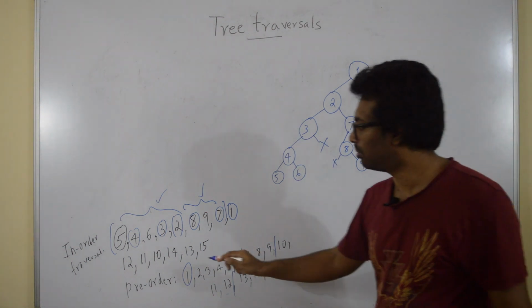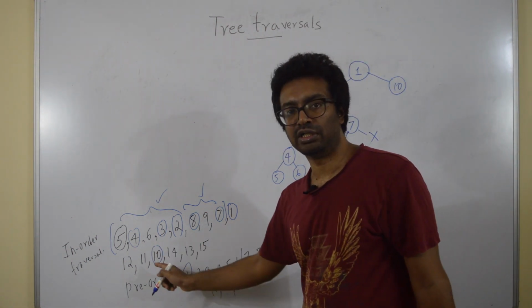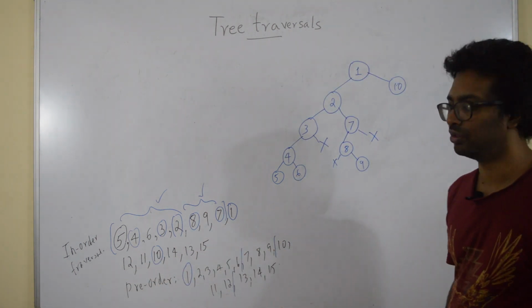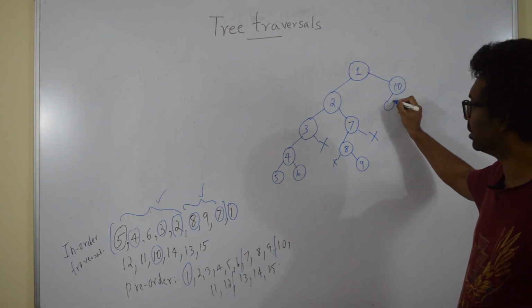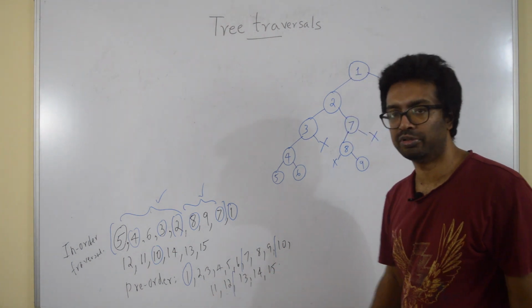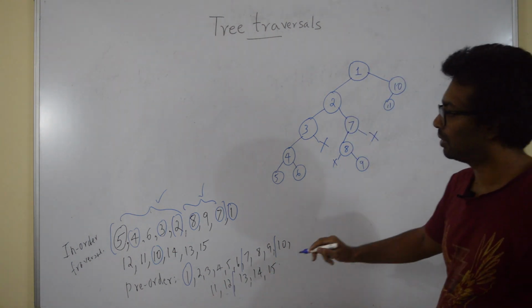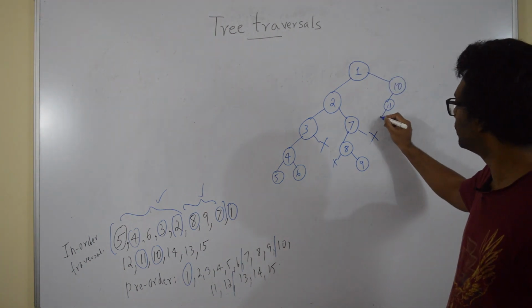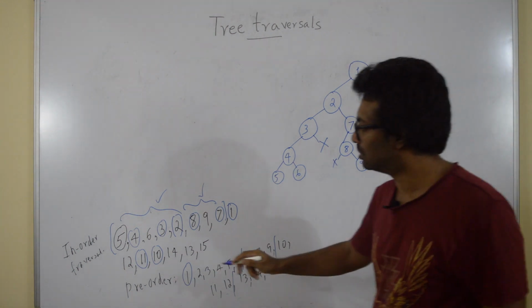Okay, and I mark 10 here, and I notice it should have some elements on the left of it and elements on the right of it. So there has to be something here, and it has to be 11, right? I mark it here and it has something on the left of it, so it has to be 12. So this is also done.